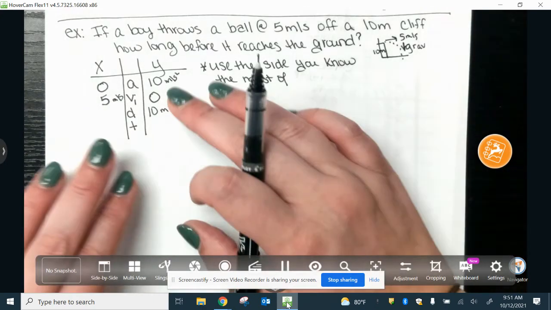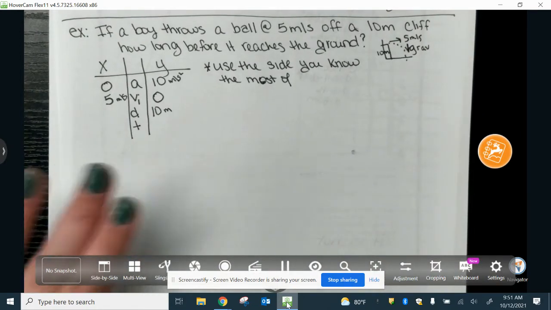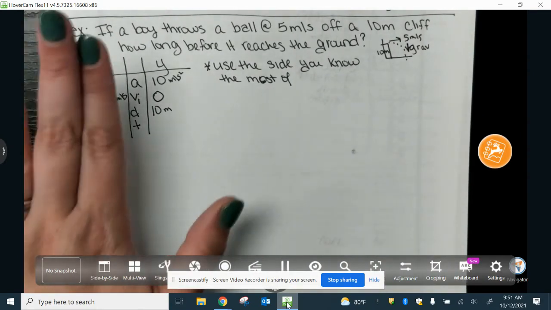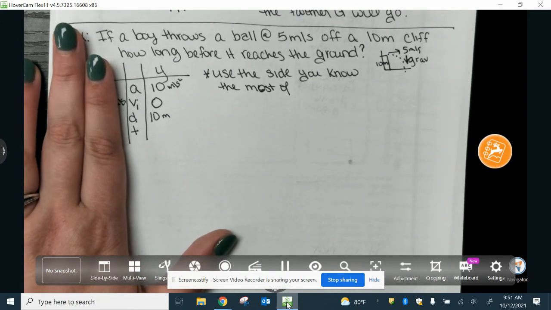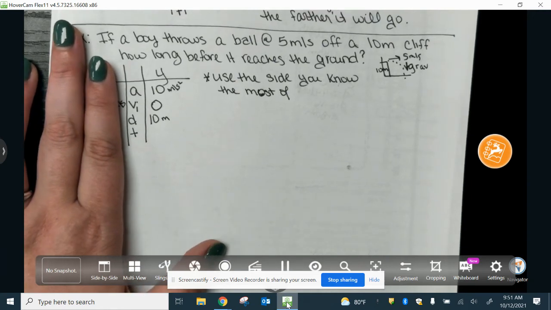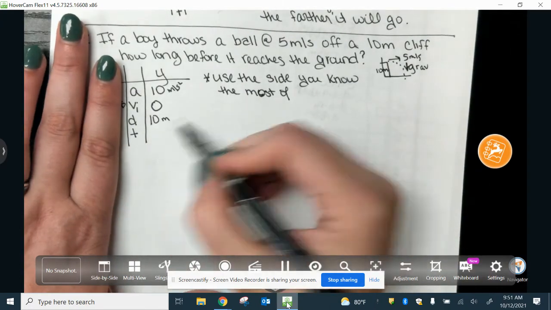In this case, I have fewer blanks on my y side, so I'm going to use my y side. Which means right now, I am not worried about my x. I'm not going to be worried about the information on the x component right now. So I want to solve for time.